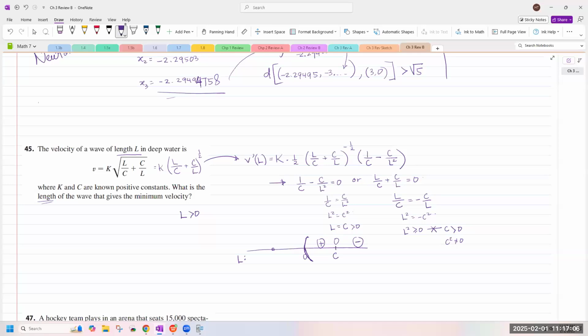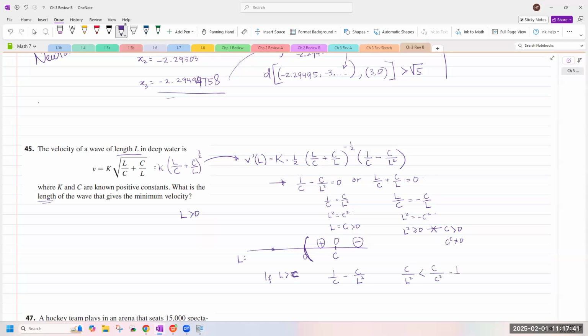The thing is, you know what? I wonder if this is a correct one. So 1 over C minus C over L squared. If L is greater than C, means C over L squared is less than C over C squared, right?